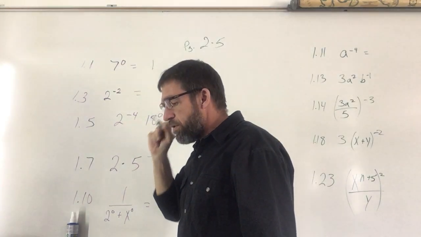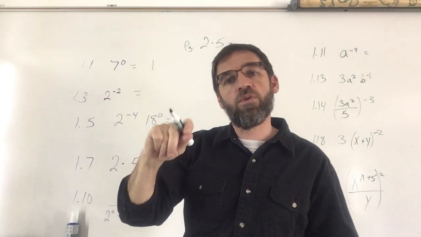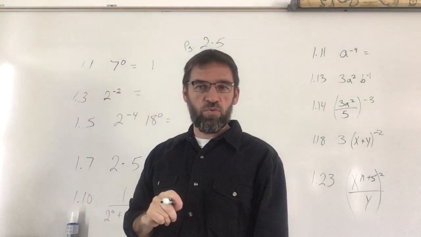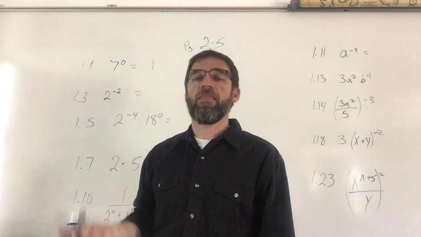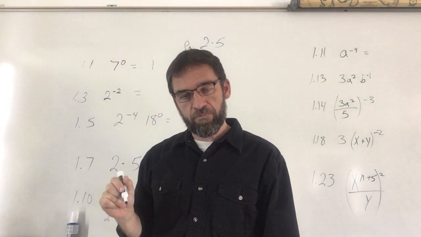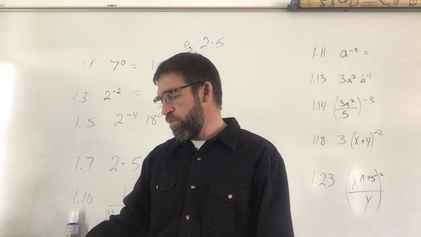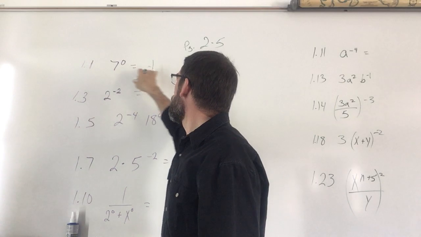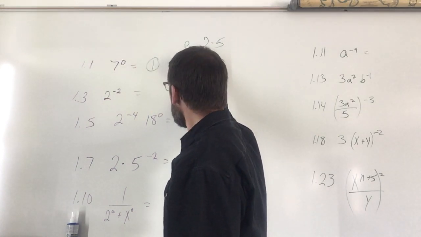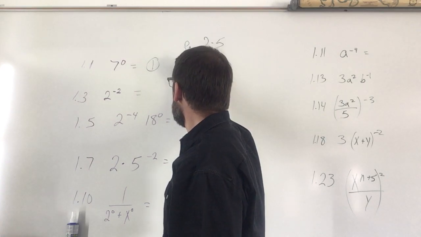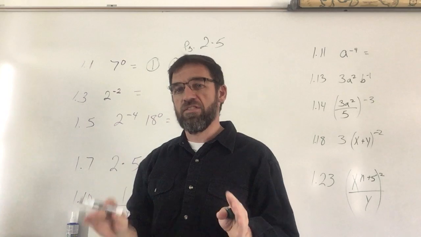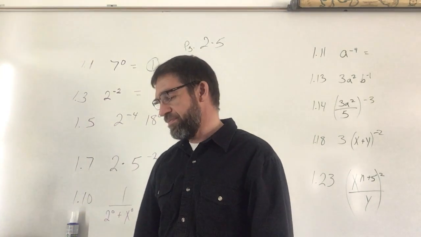Okay, I'm going to just quickly go right straight across the page. 12a to the 0 exponent: anytime you have an exponent 0, your answer is always 1. So 1.1, 7 to the 0, your answer is 1. And if you go to 1.6, your answer is still 1. You have a 0 exponent, answer is 1.